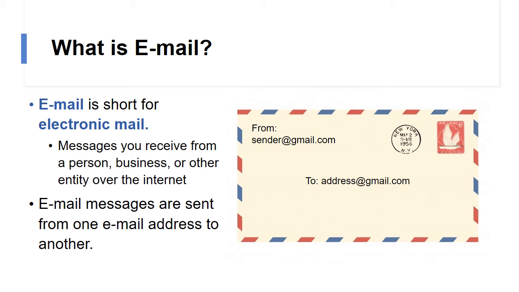And so those messages are sent over the internet. In order to send or receive an email message, you have to have an email address or an email account, because those messages are sent from one email address to another email address in the same way that a regular paper letter is sent from one person to another person at a specific address.